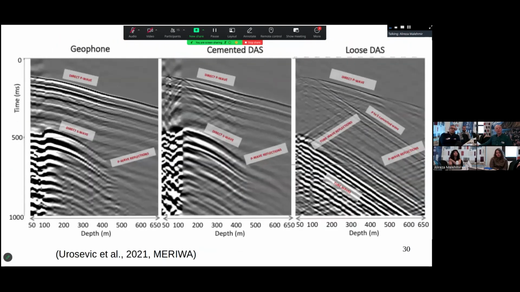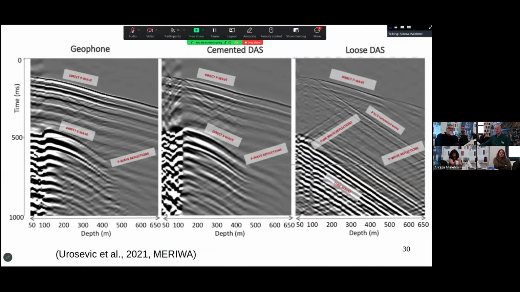Here's another example. This is from Australia, where they have a geophone, a cemented-in fiber optic cable, and a loose hanging fiber optic cable. The geophone and the cemented-in cable give pretty much the same response, similar to what we saw on the previous slide.